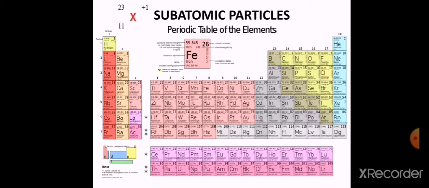So, syempre, para ma-answeran natin kung ano ang X, gagamit tayo ng periodic table. So, dapat lahat tayo may periodic table pag nag-a-answer ng chemistry. Ngayon, sa periodic table natin, hahanapin natin yung kanyang legend. Asan ba yung legend? Ito. Okay?